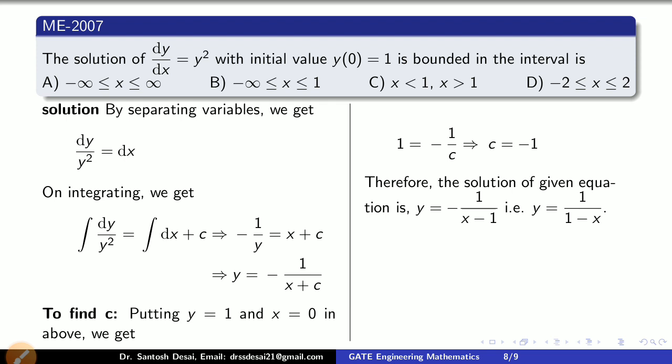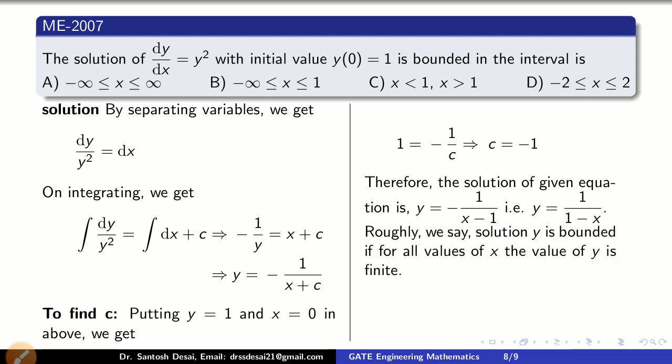Now here we have to find the interval in which the solution of the equation is bounded. First we see what is meant by bounded. Roughly we say solution y is bounded if for all values of x in the interval, the value of y is finite. If you select any value in that interval, the solution must be finite.